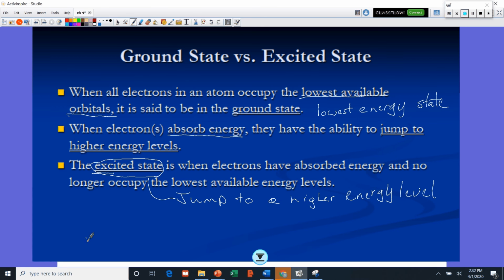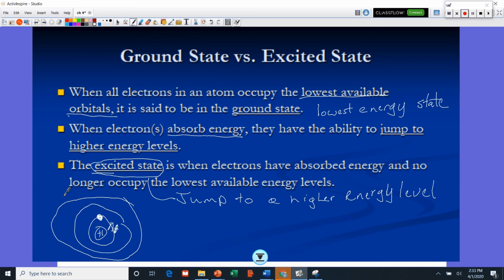So for example, hydrogen has 1 electron, and it's in N1. Even though there are no electrons in these other orbitals, they exist.